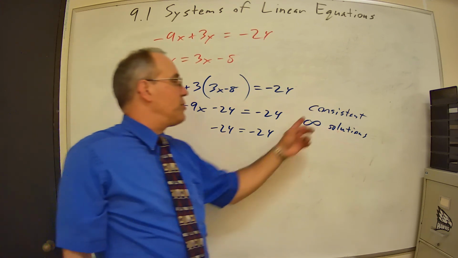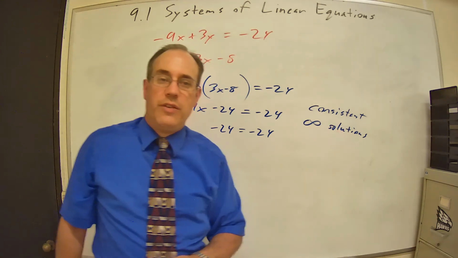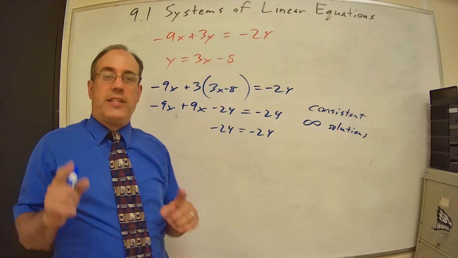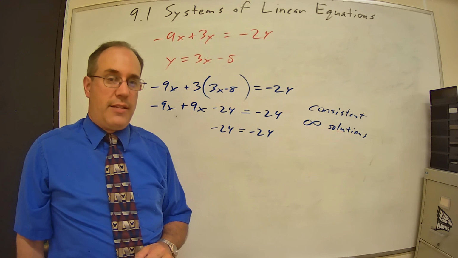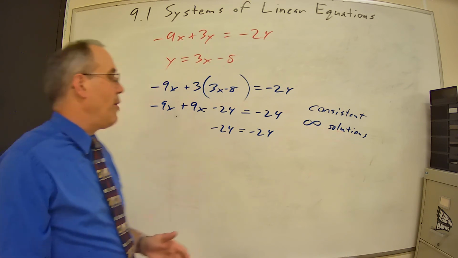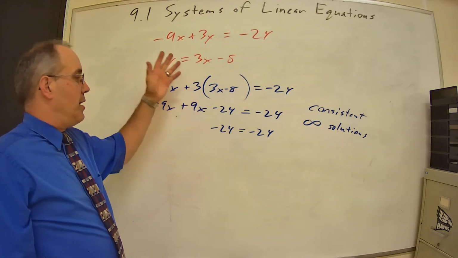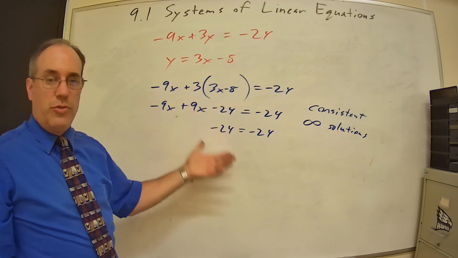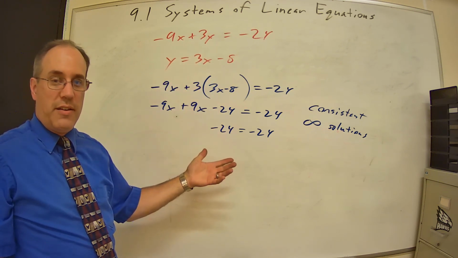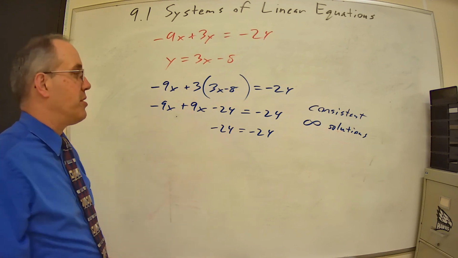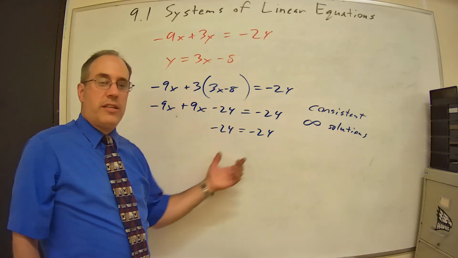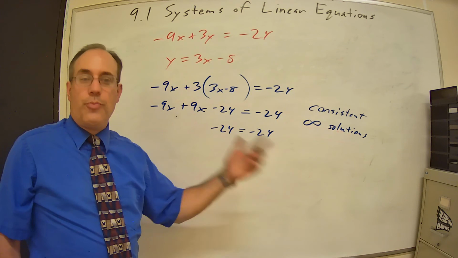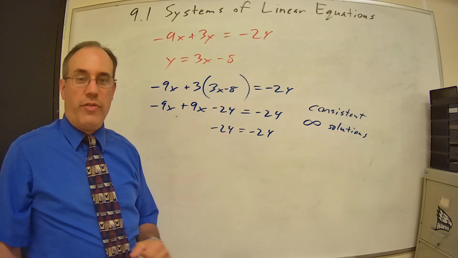Now, that told us it was consistent, it told us there was an infinite number of solutions, but it's not sufficient to leave it like that. What I want to do now is find a solution to this. And what I mean by that is I want x and y to be written in terms of one of the variables.